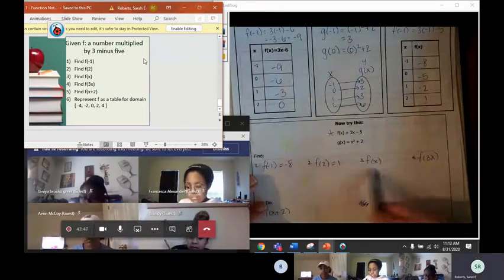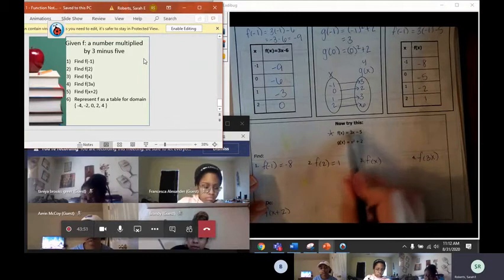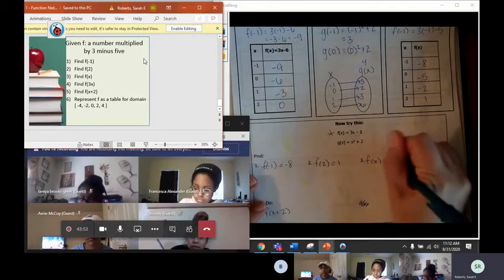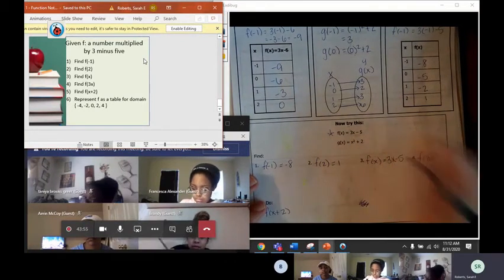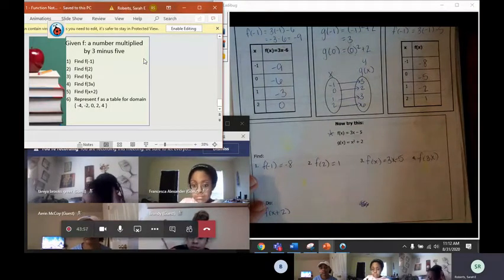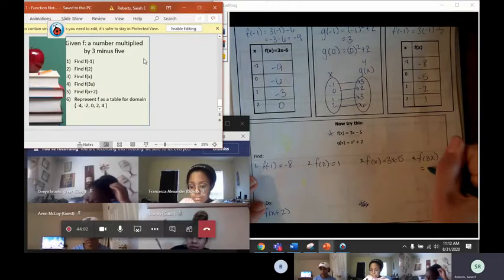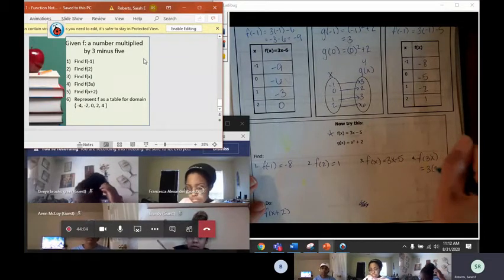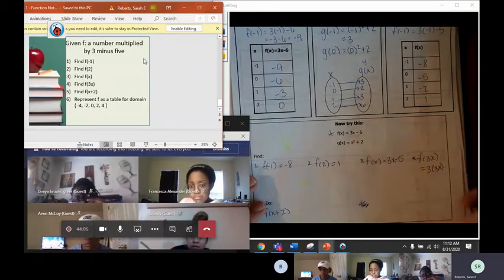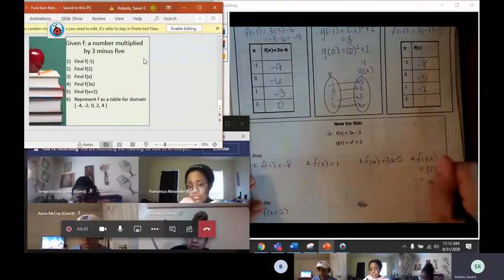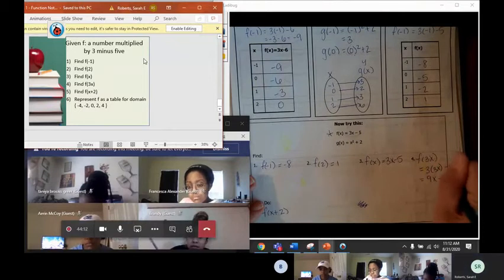F of x, this may seem like a trick question. It's literally asking you to write this thing right here, 3x minus 5, and then you're done with that one. And now when it says f of 3x, what you're going to do is sub in 3x where the x was, and then simplify it down. So this would look like 9x minus 5.